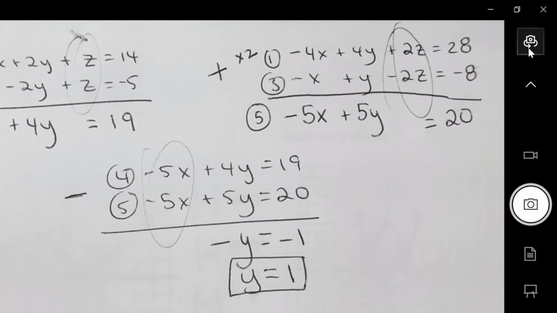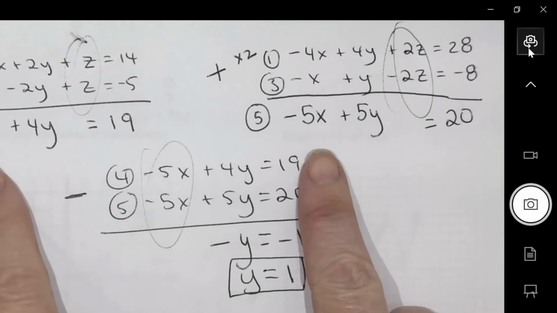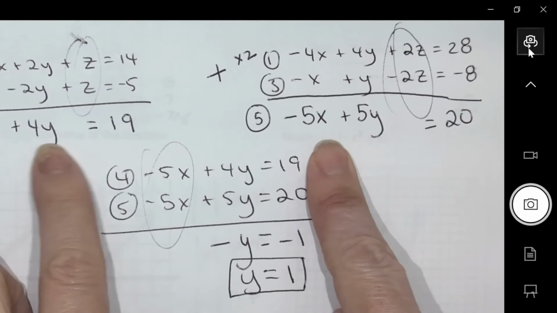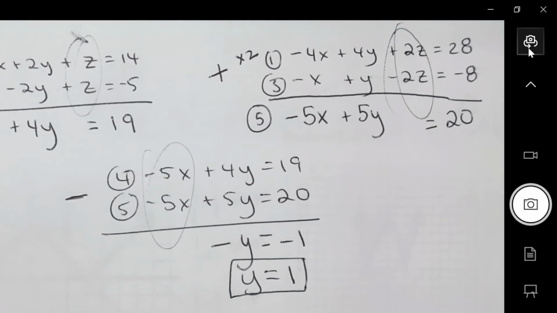Okay, work your way back up the page. So we're going to plug in. Where's our next spot to plug in? Give me an equation number. 1, 2, 3, 4, or 5. Okay, your options are 4 or 5 because you're going up the page. So it doesn't matter, whatever one looks maybe easier to you, but it really doesn't matter.